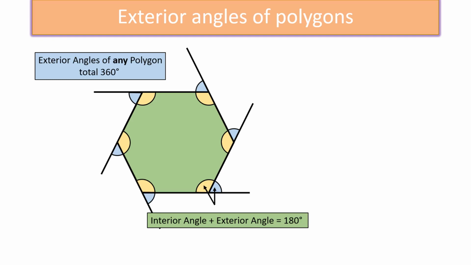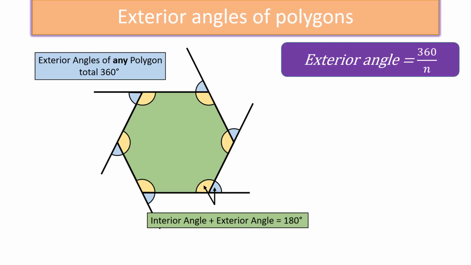Now, two more facts related to exterior angles of polygons result from the fact that all the exterior angles in a regular polygon, or any polygon, add up to 360 degrees.